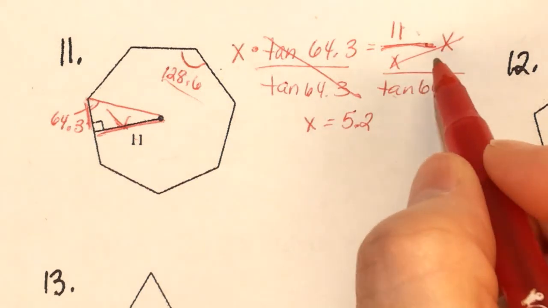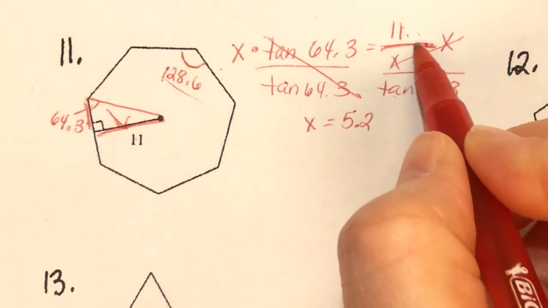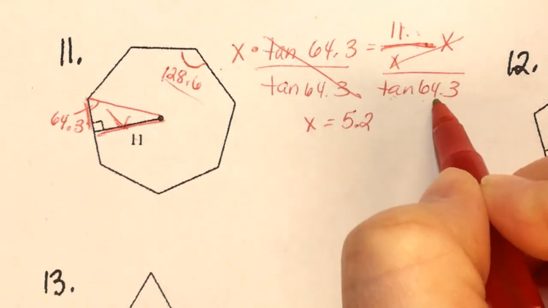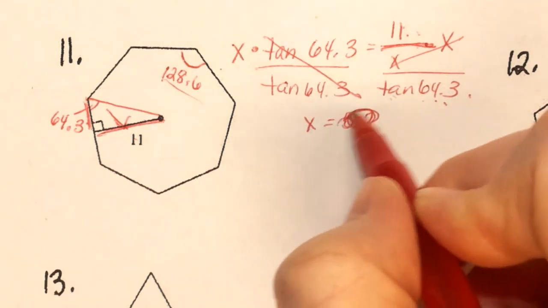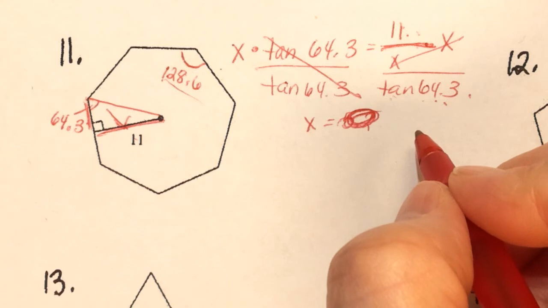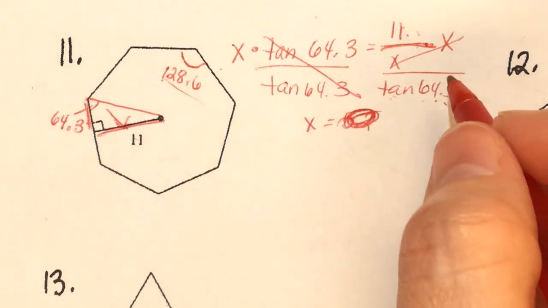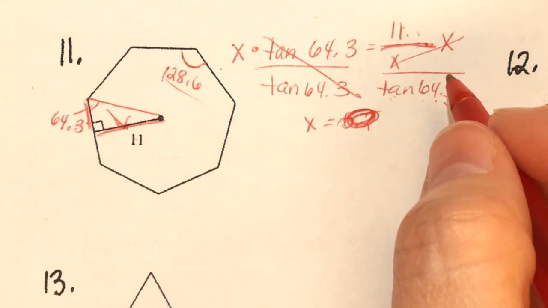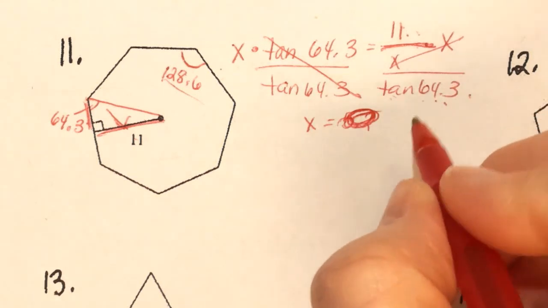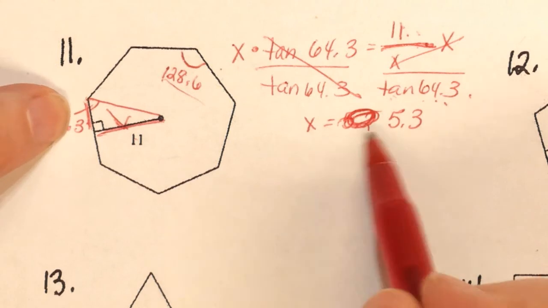Can y'all listen? 11 divided by tangent of 64.3. I said 5.17 because I accidentally put in 64. What'd you get, John? 5.29. 5.29 is what I got when I fixed it. Okay. So it was real close the first time. I was off by 0.5.